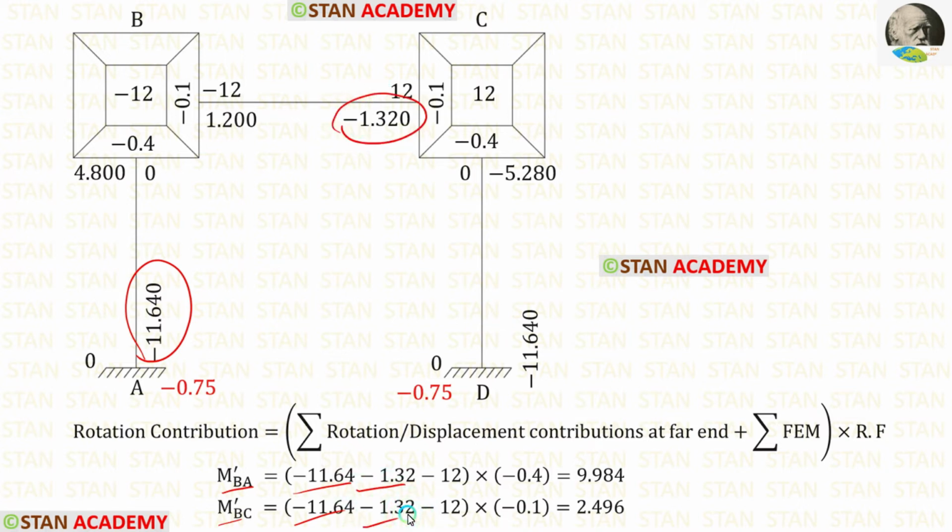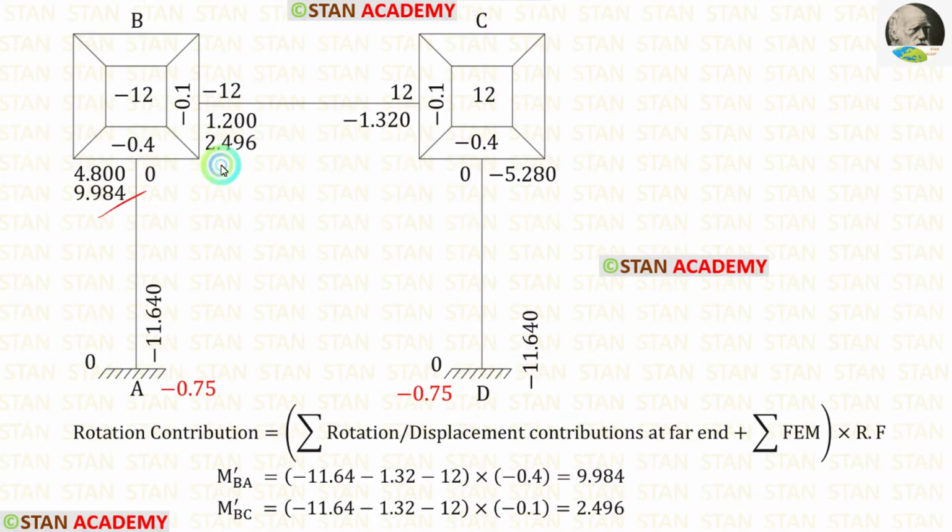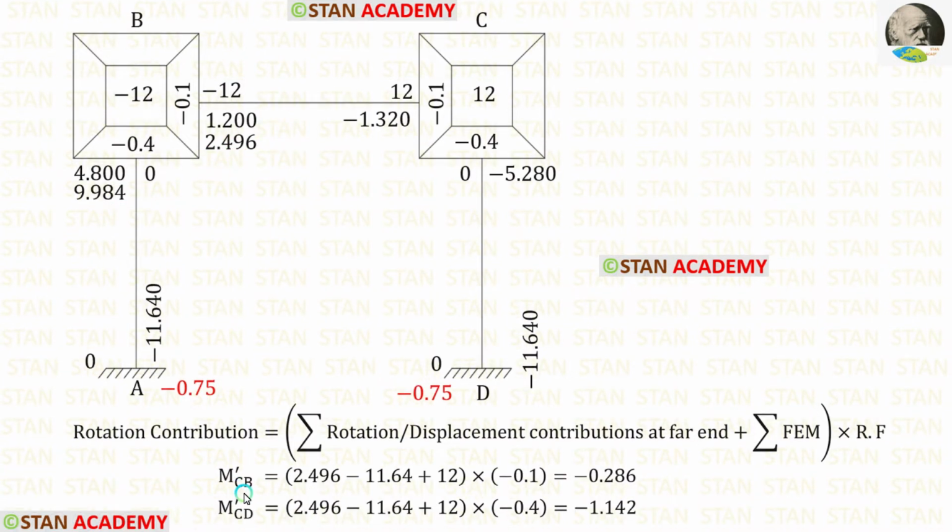The summation of fixed end moments is minus 12. Then let us apply the rotation factors for BA minus 0.4 and for BC minus 0.1. After the calculation, we are getting M dash BA and M dash BC. Let us enter them.